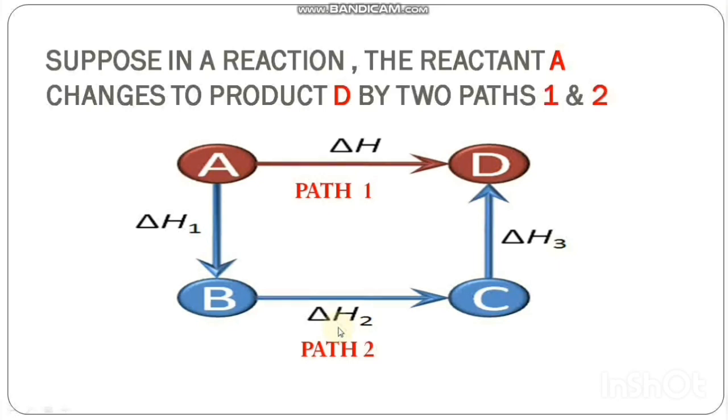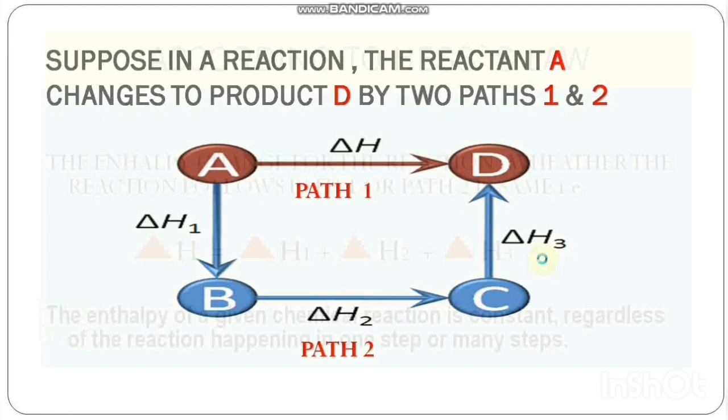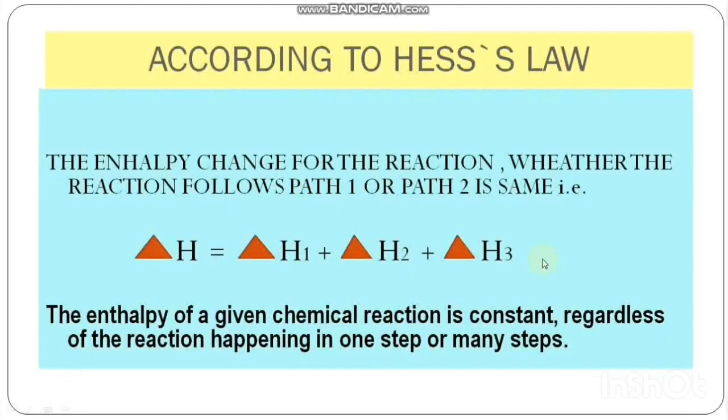Intermediate state C then changes to final state of the system D with enthalpy change delta H3. In this example, according to Hess's law, when the system changes from initial state A to final state D, the total enthalpy change remains the same whether the reaction follows path 1 or path 2.